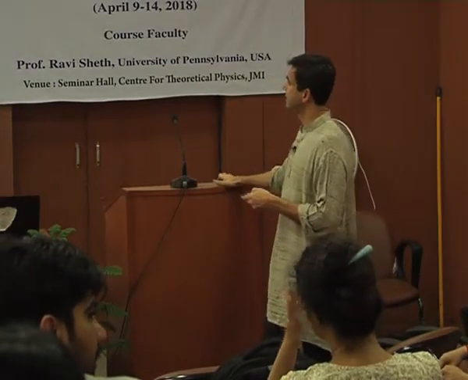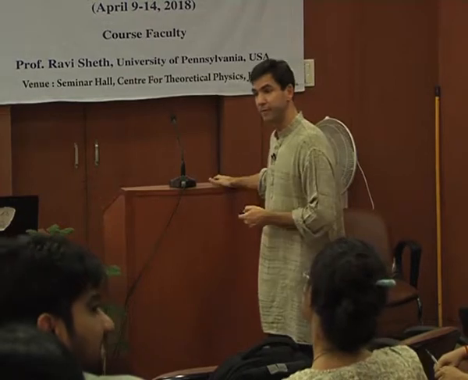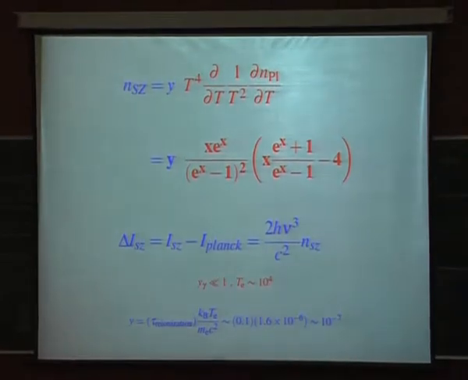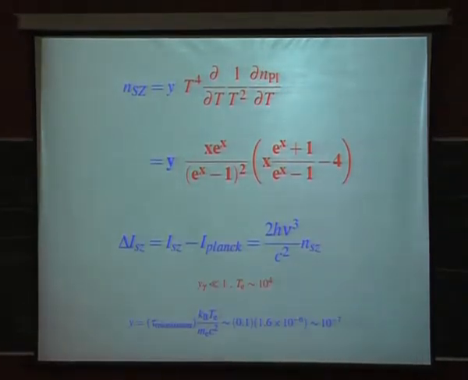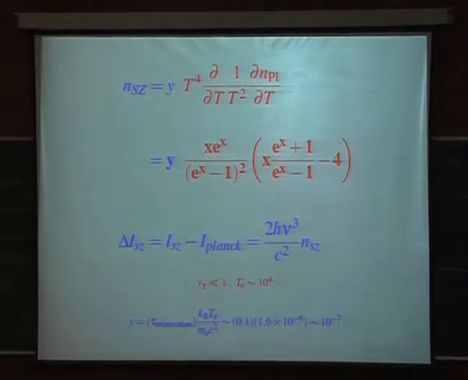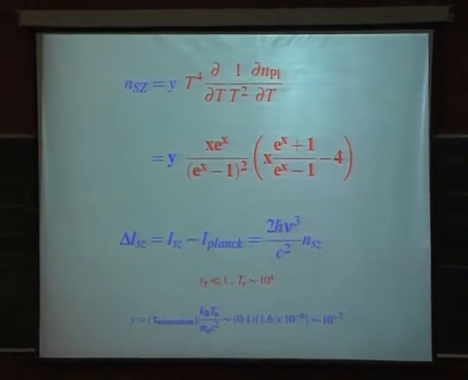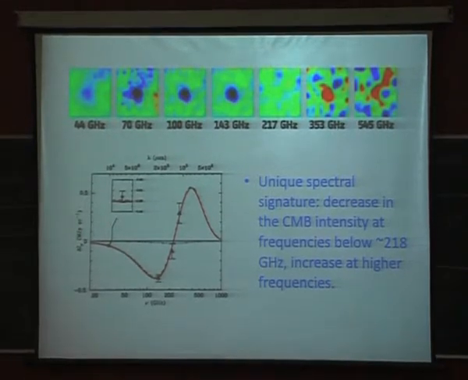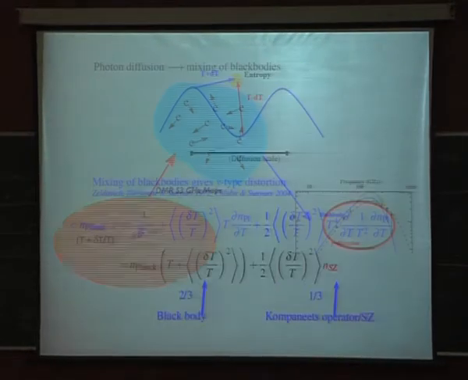So that means there's a known shape for the distortion, which comes from just taking this distribution of speeds, for the thermal SZ effect. I have the algebra here, but let's not worry about the algebra. Let's go and see what should happen. Let me go back a couple of slides.